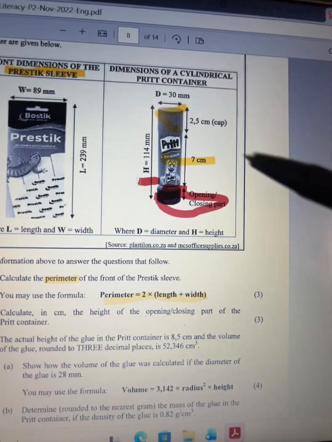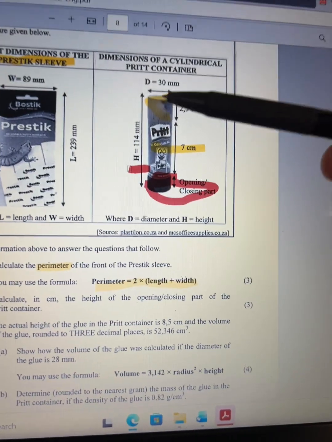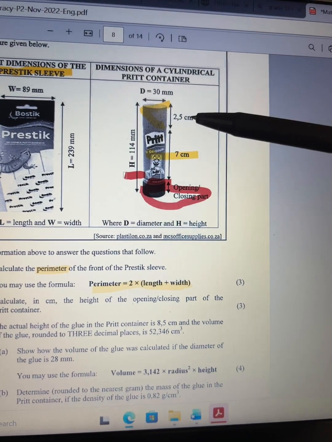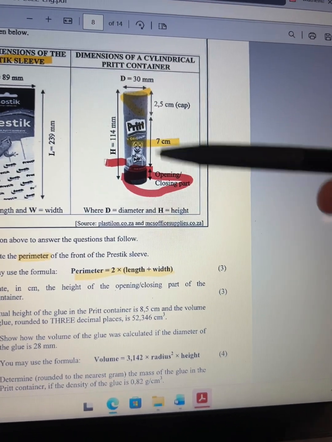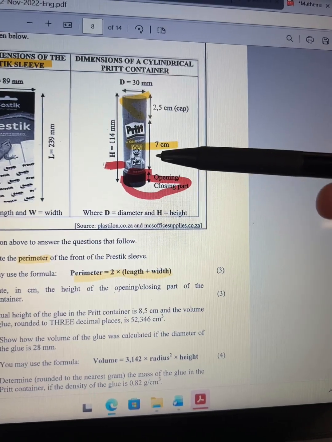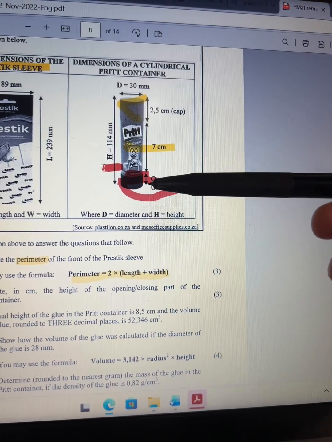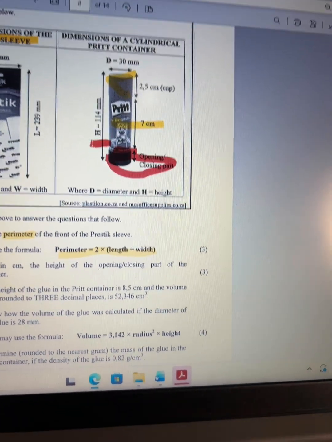And then if we check here, we have the part of the lid. We have to take out this lid part, and we also take out the middle part, which is the glue part, so that the remainder will be the opening and the closing part.